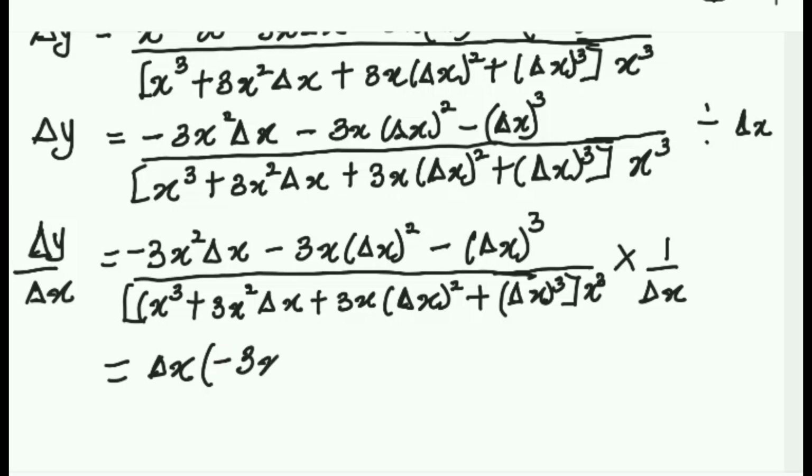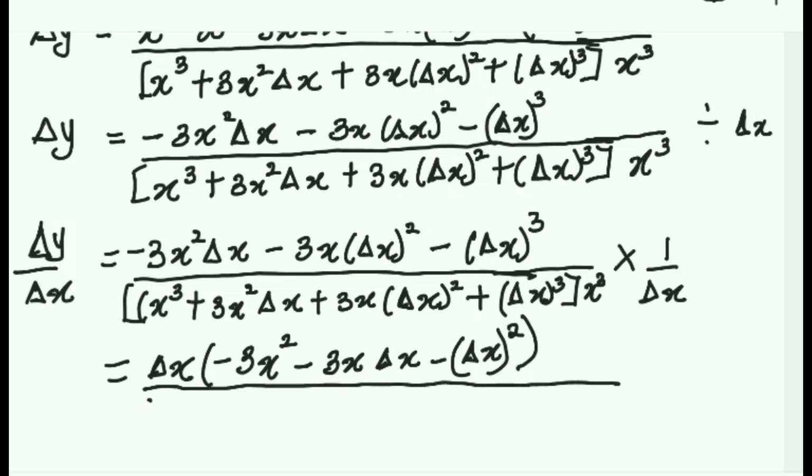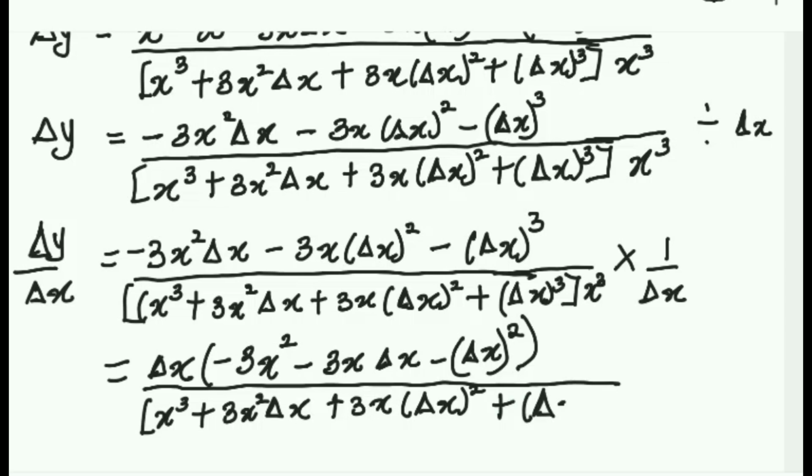So this is going to be minus 3x squared minus 3x change in x minus change in x all squared, divided by x cubed plus 3x squared change in x plus 3x change in x all squared plus change in x raised to power 3. So closing this, and then I have x cubed times 1 over change in x.